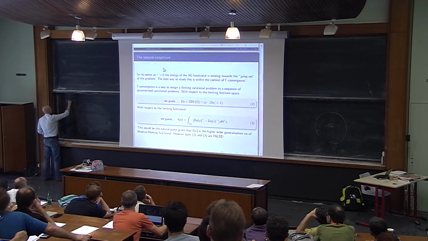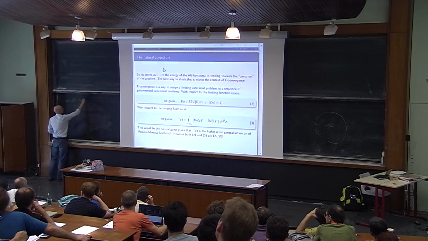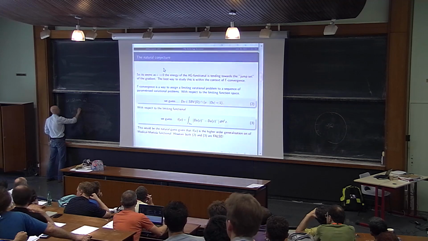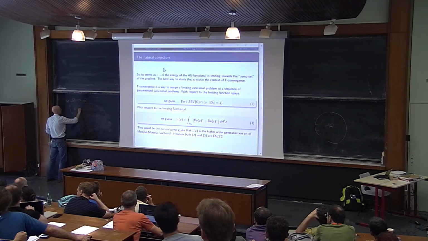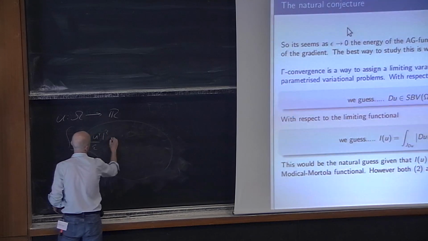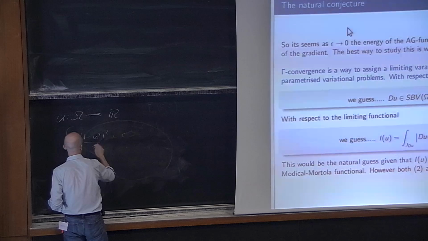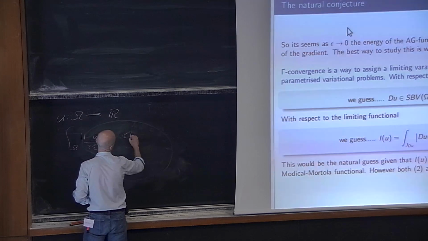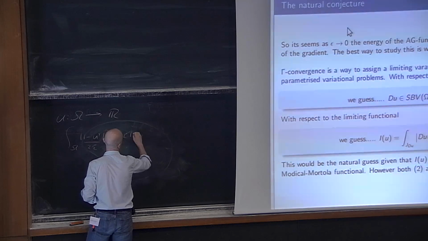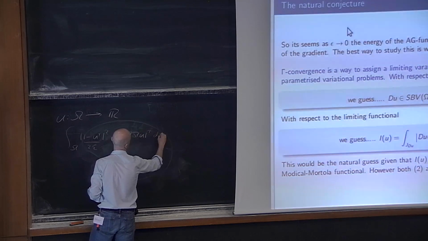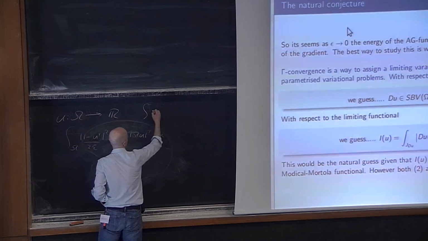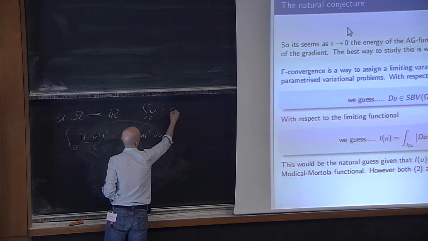We've got u going from some region omega into R. We have something like this, (1 minus u squared) over epsilon. Maybe we put a 2 here, but we can rescale and get rid of it. But okay, let's put a 2. And if we want to produce something non-trivial, let's have the integral equal to 0.